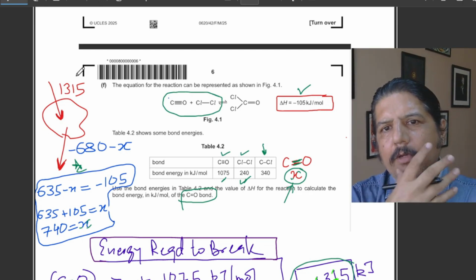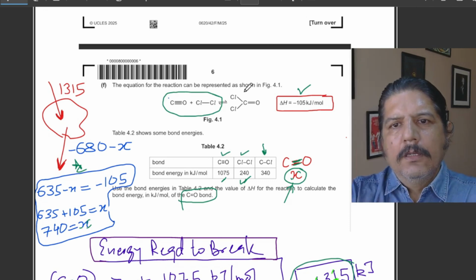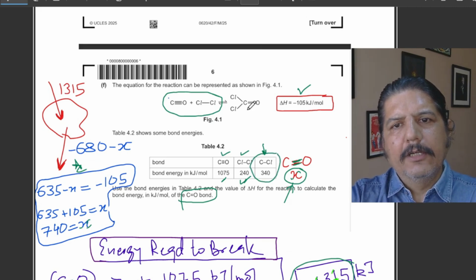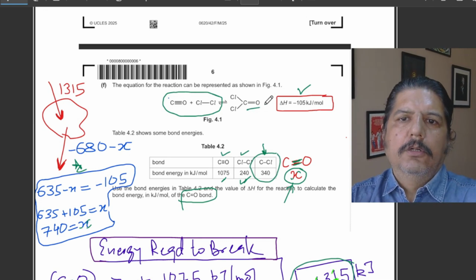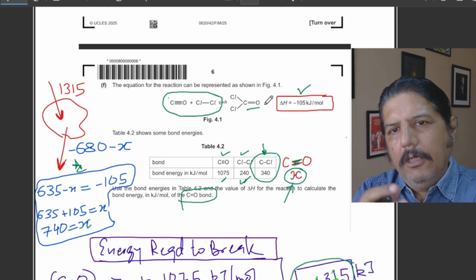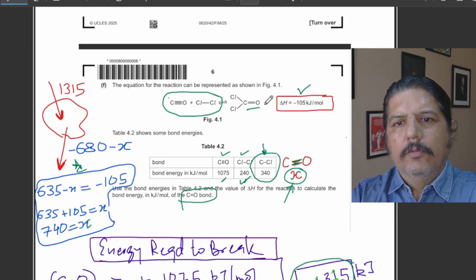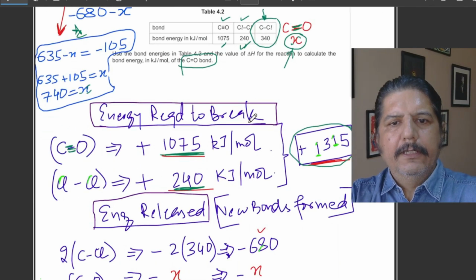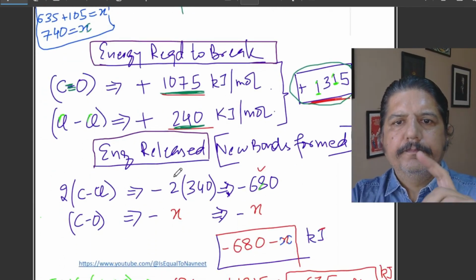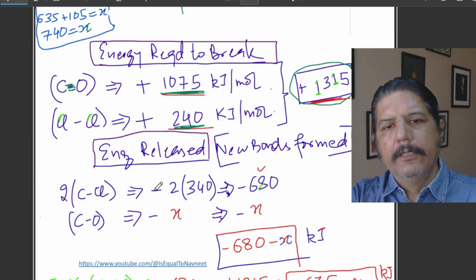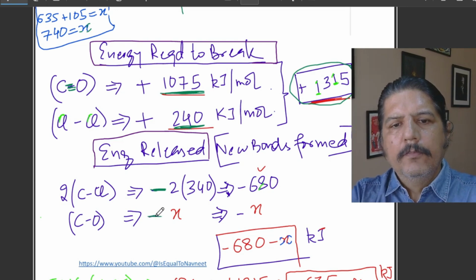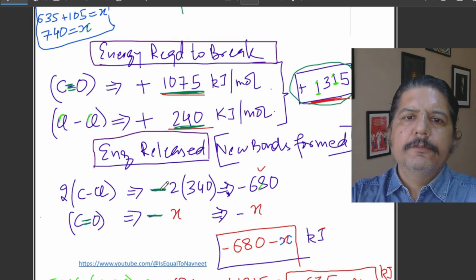Now on the right hand side, I have the bond energies for C-Cl, but I don't have the bond energy for C double bond O, so I assume it to be X. For C-Cl, because bonds are being formed, this is the energy which is released, so minus 2 into 340. And for C double bond O, this energy is also released.